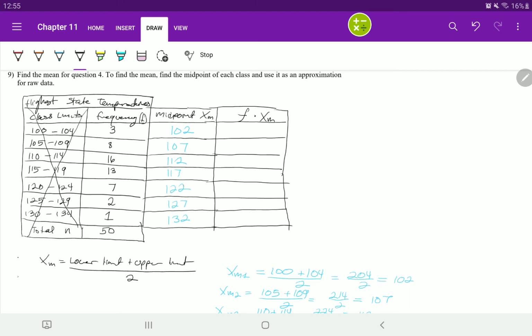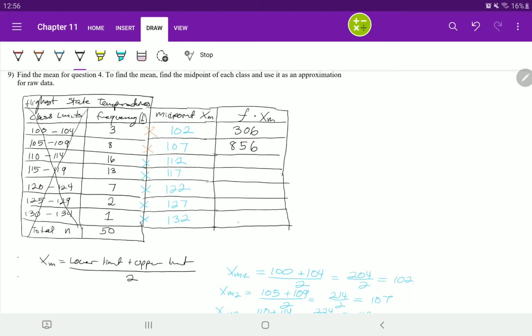So now we can multiply the 3 times 102. 3 times 102 is 306. We can multiply the 8 times the 107, and that's going to be 856. We're going to multiply 16 and 112, 13 and 117, 7 and 122, 2 and 127, and 1 and 132.